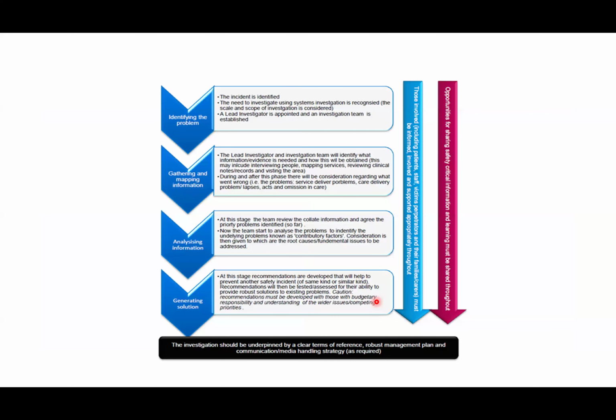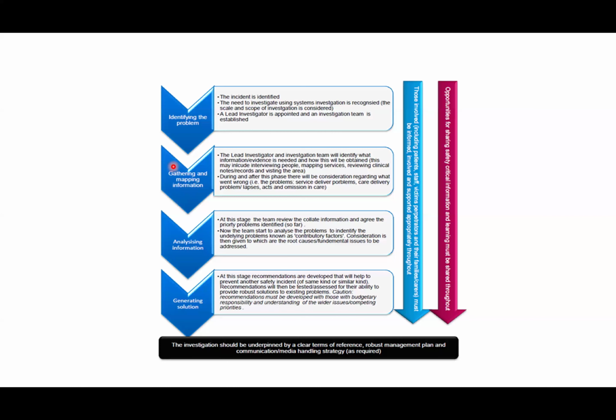Okay, so this is the fishbone method of risk management. So first we have to identify the problem. So how to identify the problem? You have to investigate what went wrong. There has to be a lead investigator, what we mentioned, the RCA lead.